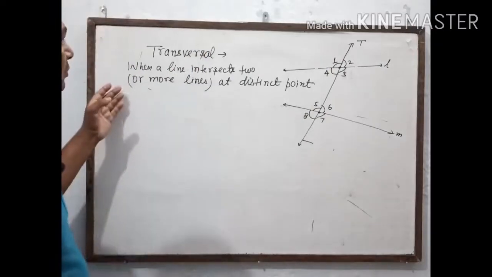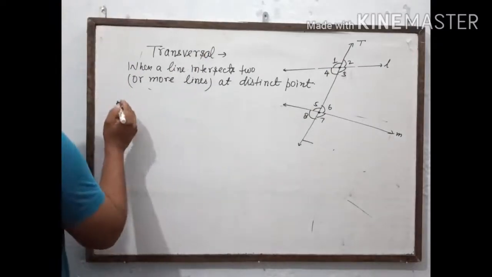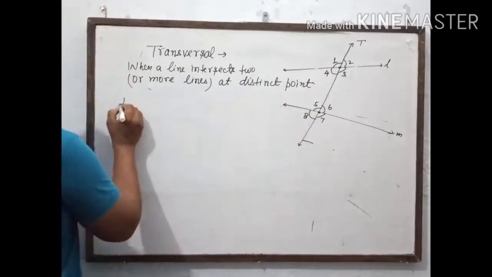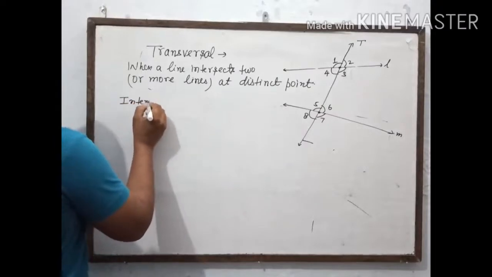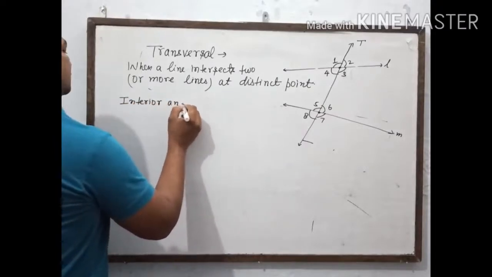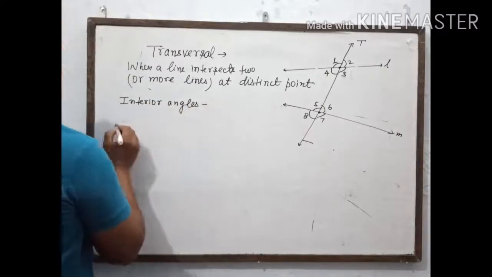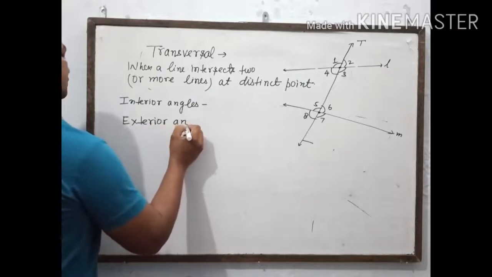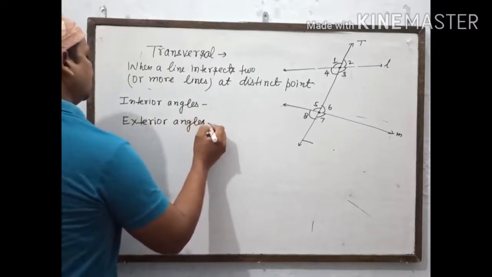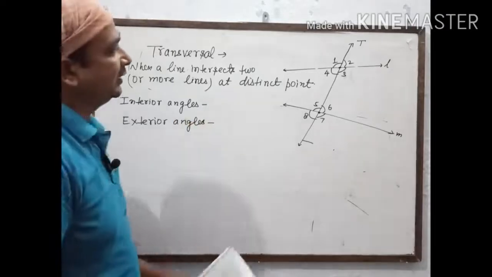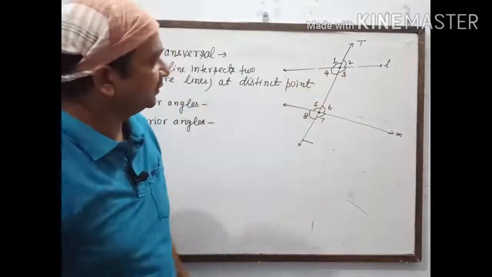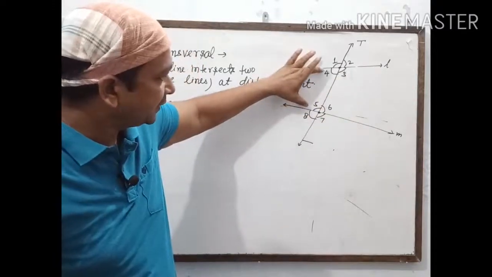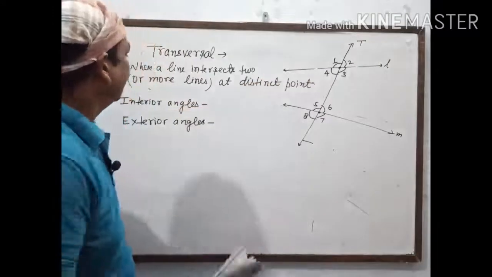Now we write different terms related to this figure: interior angles, exterior angles. Angles between the intersected lines, that is line L and line M, are called interior angles.